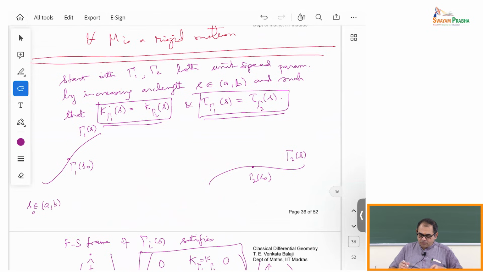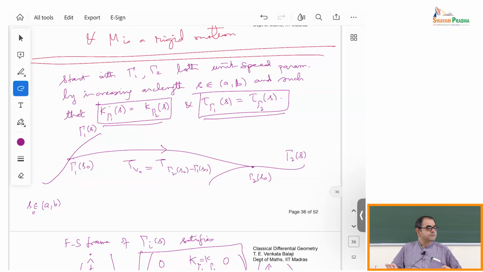You first apply a translation that will take this to this. So that is the translation T V naught, and that translation is just the translation by the vector joining gamma 1 s naught to gamma 2 s naught. So this is just T, translation by gamma 2 s naught minus gamma 1 s naught.